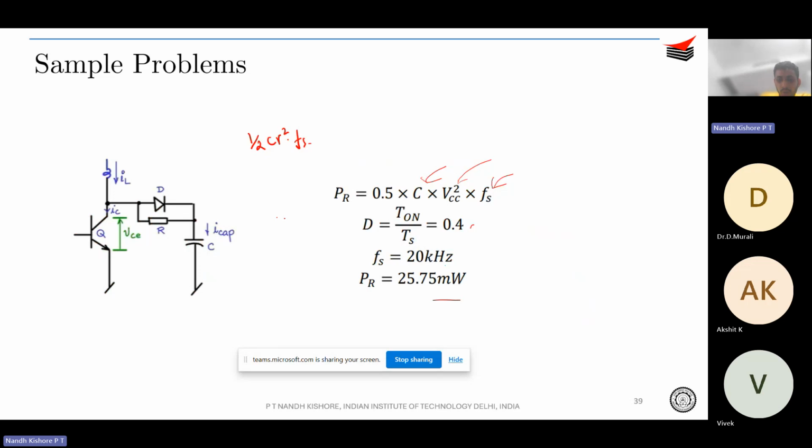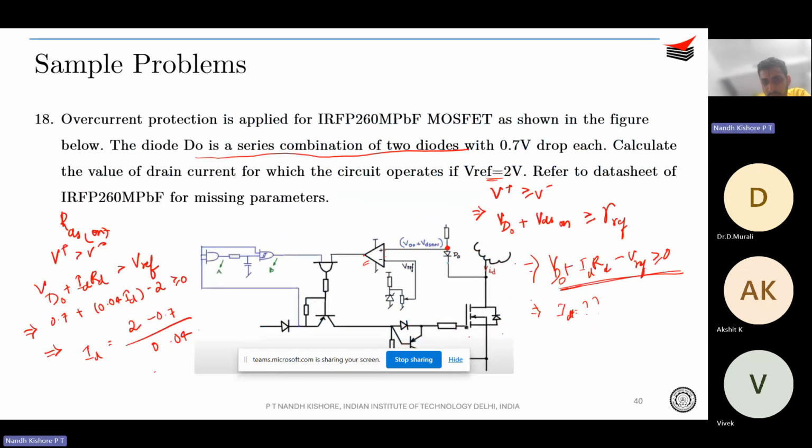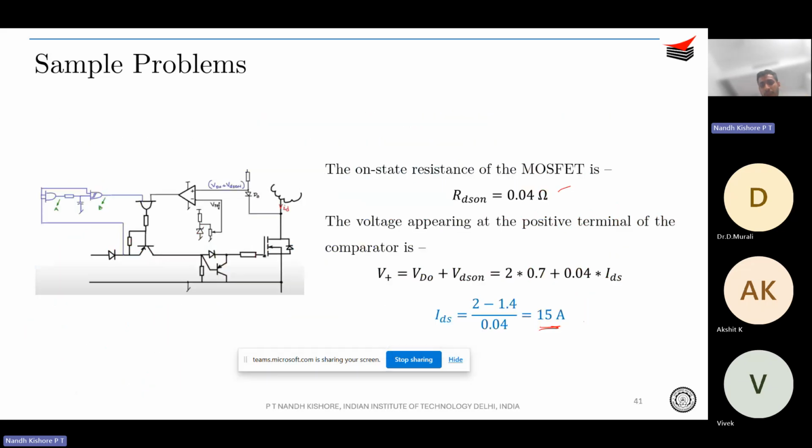So there are two diodes over here, so it will be 2 minus 0.7, again minus 0.7 because there are two diodes. So (2 minus 1.4) divided by 0.04.